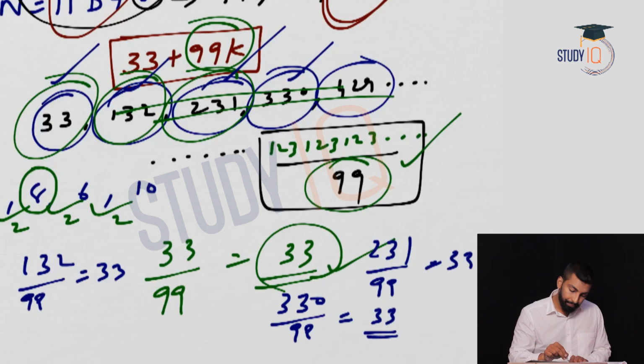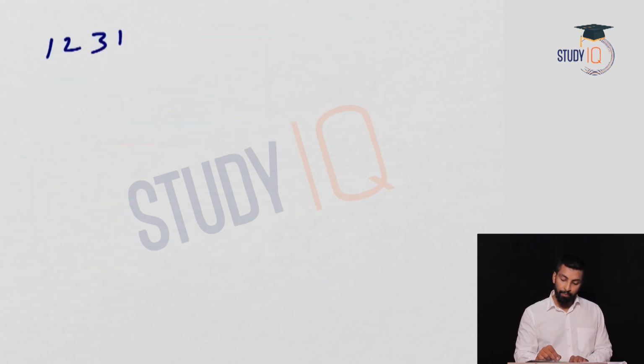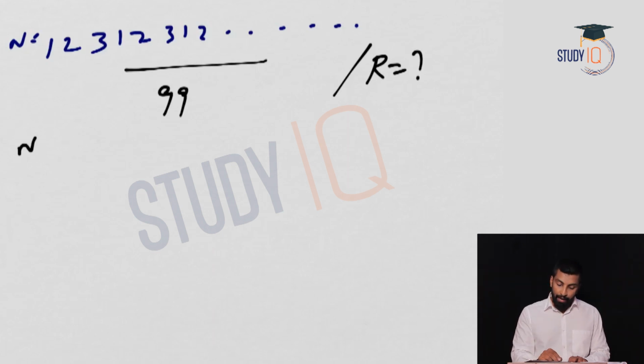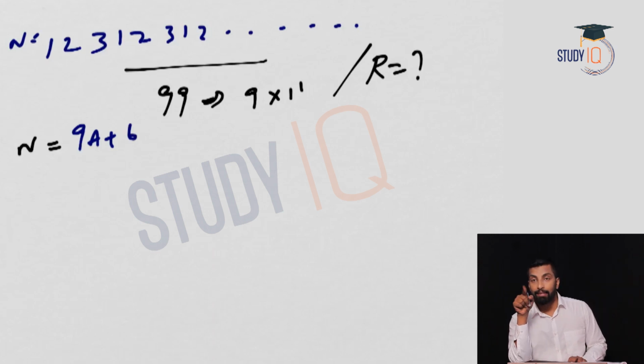So what we did, we have a series 1 2 3 1 2 3 1 2 3 etc., that is n, and you need to divide by 99, see what is the remainder. So what I did, I wrote this number in terms of 9 and 11 because 99 I factorized as 9 and 11. So how will I write in terms of 9 and 11? 9a plus 6, because when you divide that number by 9, 6 is the remainder.